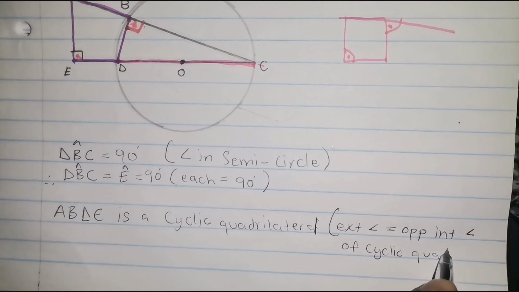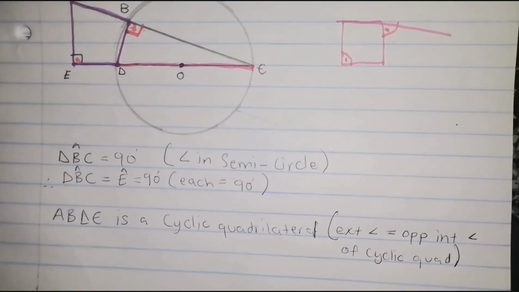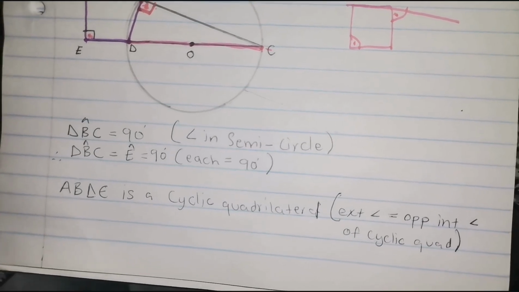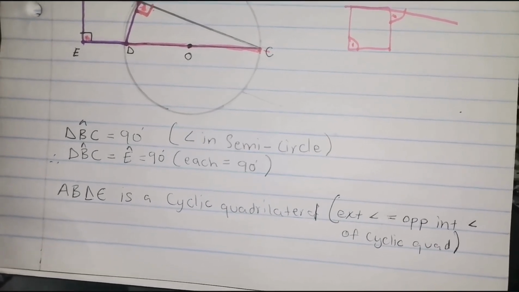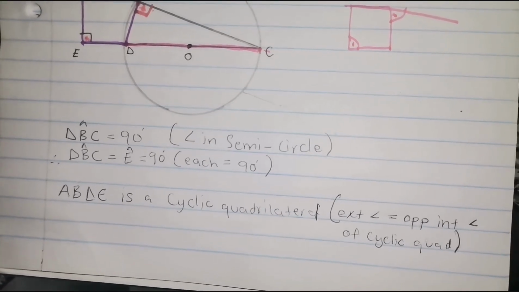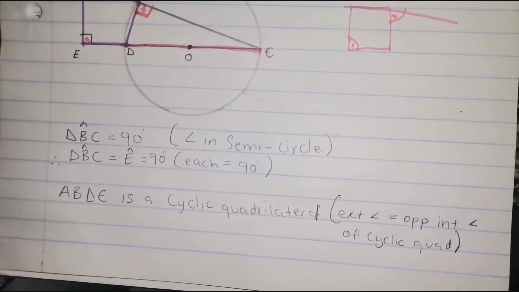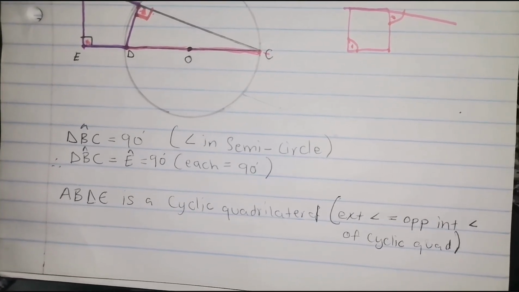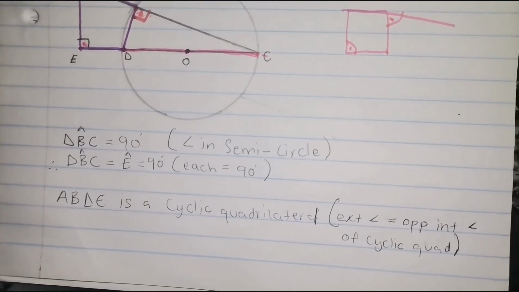You can use any correct reason for this theorem, guys, not a problem. Exterior angle of quadrilateral equals opposite interior angle. You can just end it there.